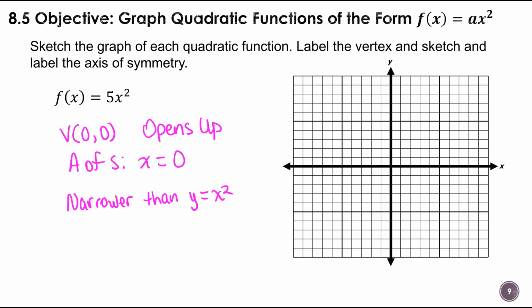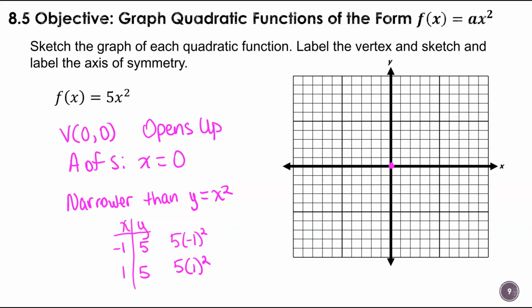Okay, so we're just going to go ahead and graph 0, 0. And then I'm going to look at this with some ordered pairs. I feel like it'll make more sense to you. If we use negative 1 and positive 1, then we're going to take 5 times negative 1 squared. So that's 5 times 1, or 5. 5 times positive 1 squared is also 5.